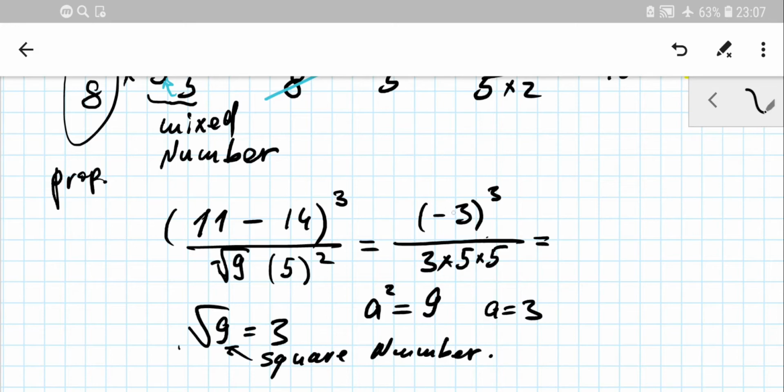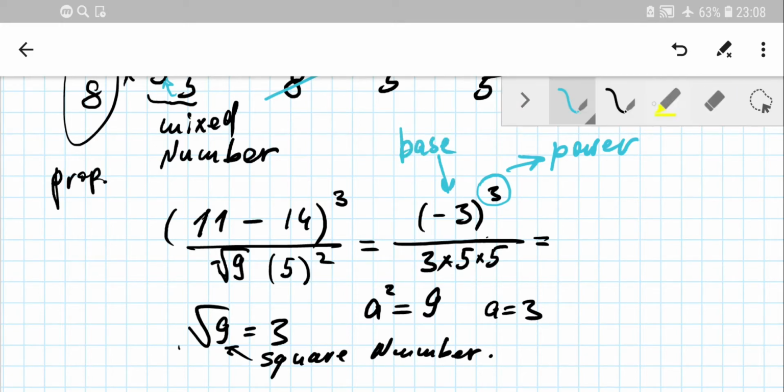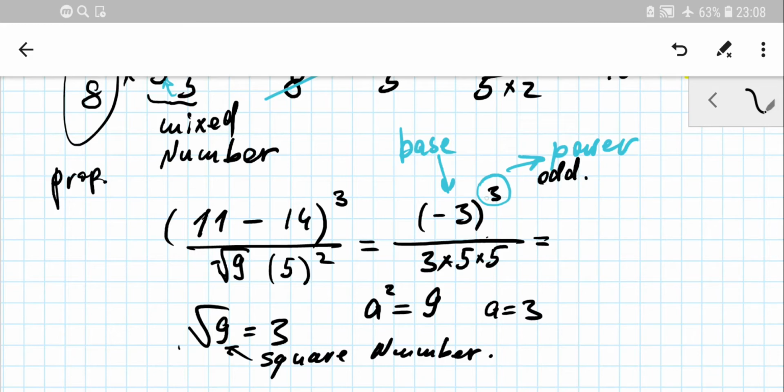Okay, so negative 3 to the power of 3. You can remember the rule: that's the power, while negative 3 is the base. And just remember, if you're thinking about an odd power, it always keeps the sign of the base. So if it has 3, 5, or any odd number, you always stay with the minus.